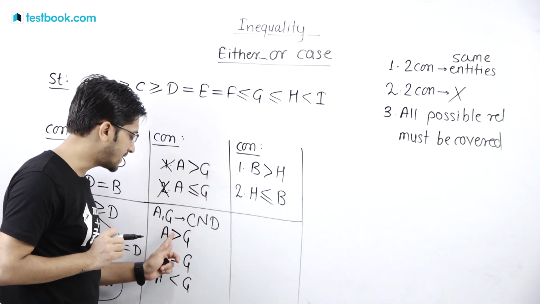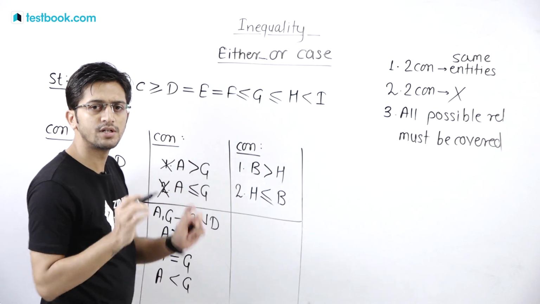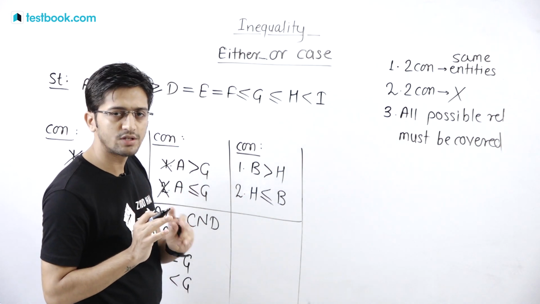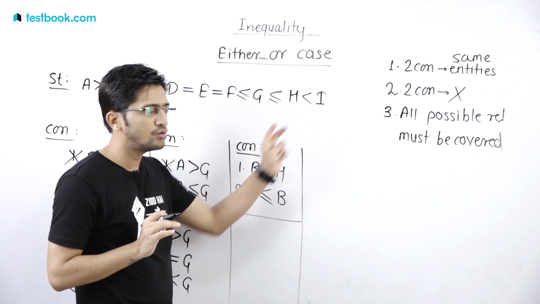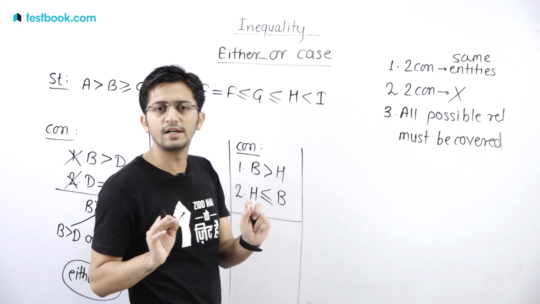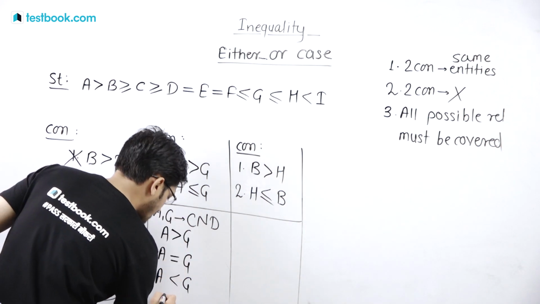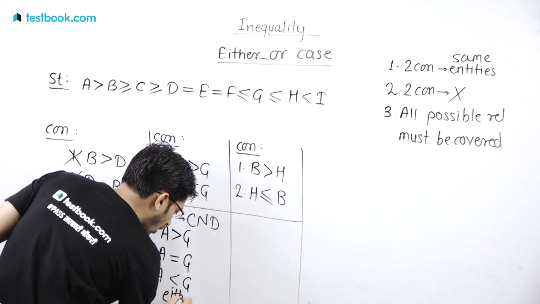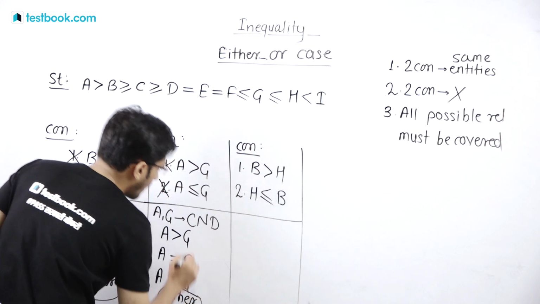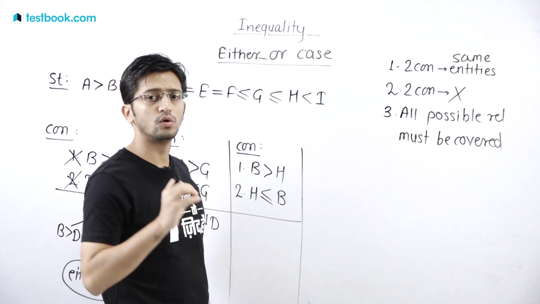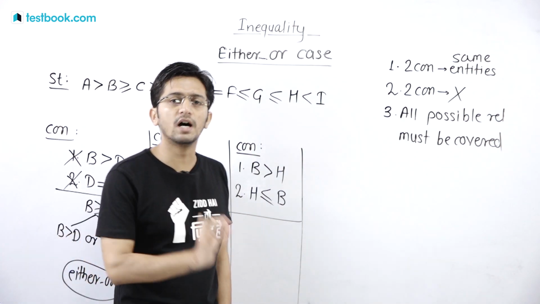A is greater than G, equal to G and less than G. All the possible relations are covered in the given conclusion. Hence, all the three conditions are satisfied, so the answer for this question must be either or. Either conclusion 1 or conclusion 2 follows. This should be the answer.